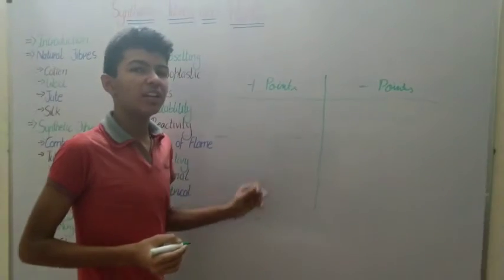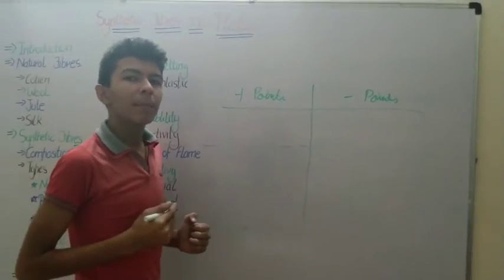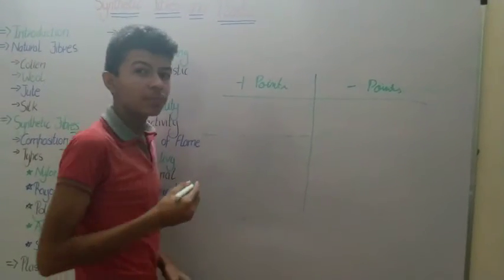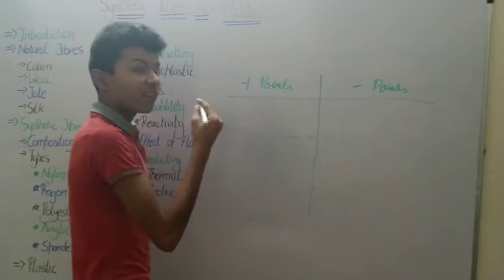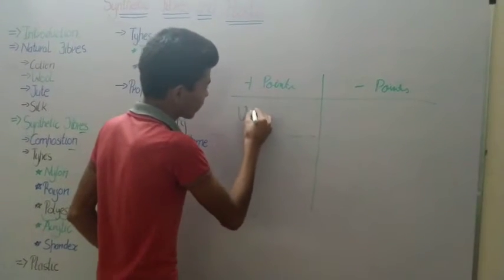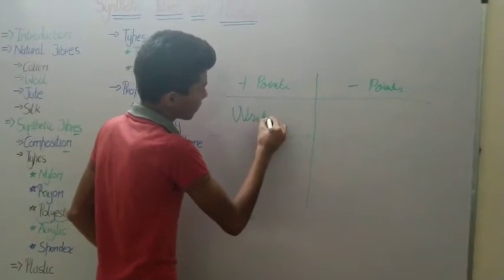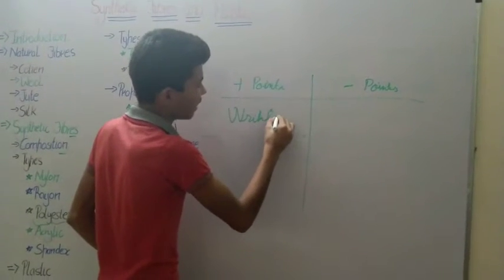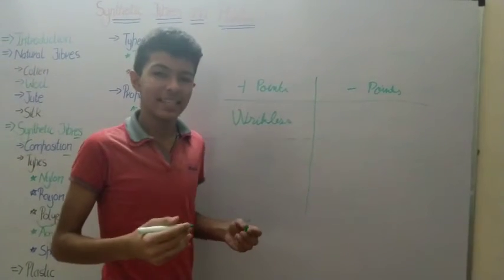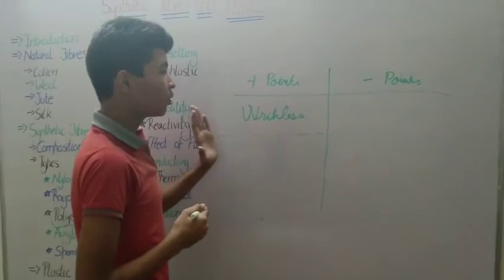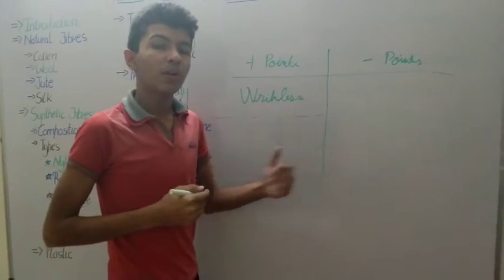So first, the plus point of the synthetic fiber is that it is wrinkle proof. So it does not wrinkle easily. So this causes them to last for a longer duration of time.